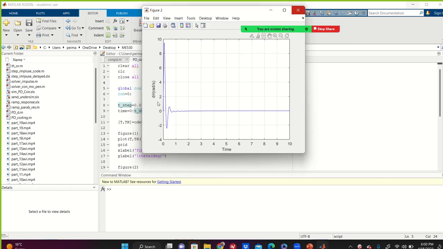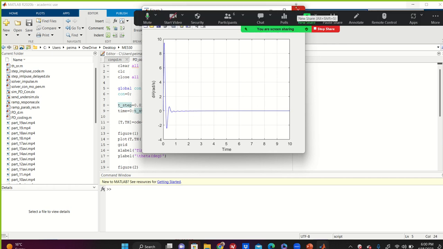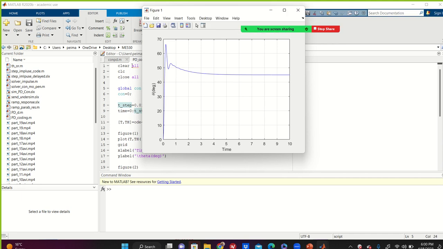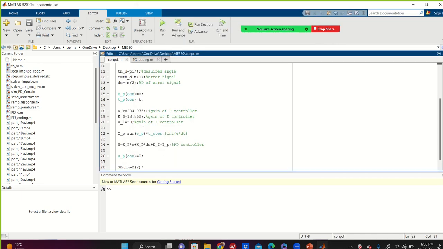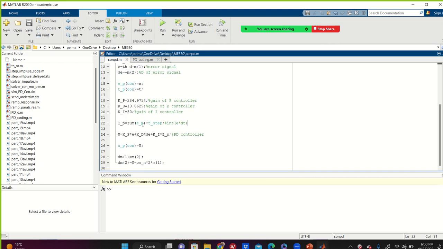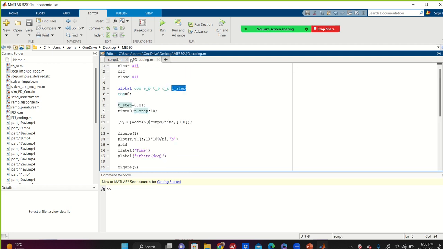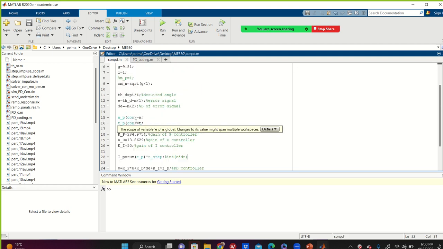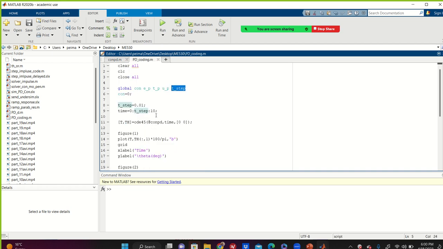And now velocity goes to 0, obviously, angular velocity. And bingo, we're going to keep it at 45 degrees. Which angle we want to keep it? Where's theta d? Oh yeah, 45 degrees. Okay, and it goes to 45 degrees. Where's the graph?